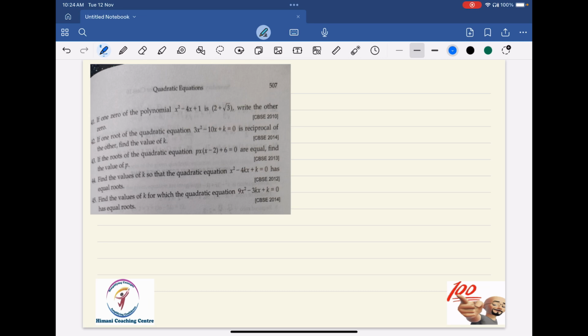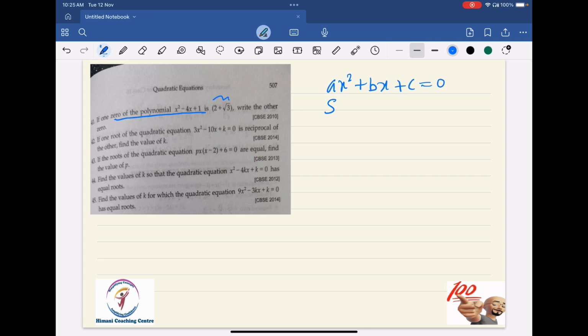Now, let us look at the first question. It says if one zero of the polynomial x square minus 4x plus 1 is 2 plus root 3, write the other zero. Again, I'll quickly repeat: ax square plus bx plus c equals 0 is a quadratic equation.